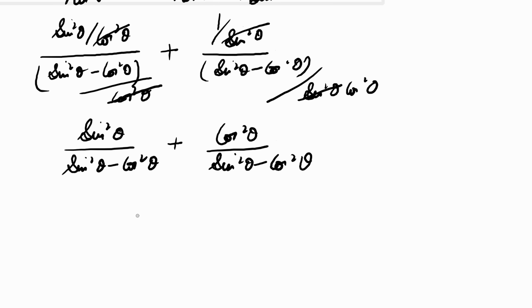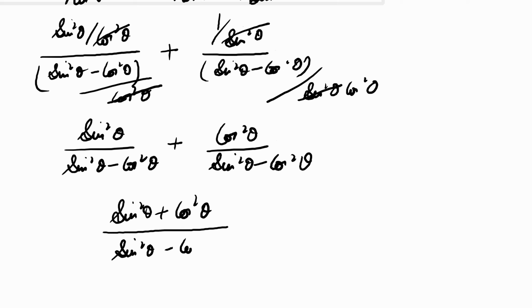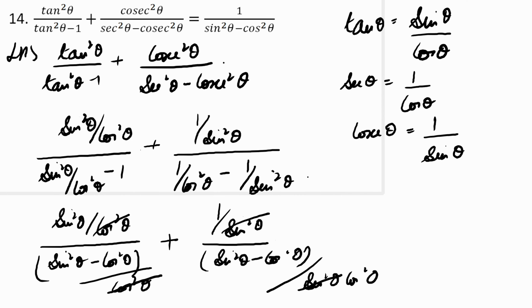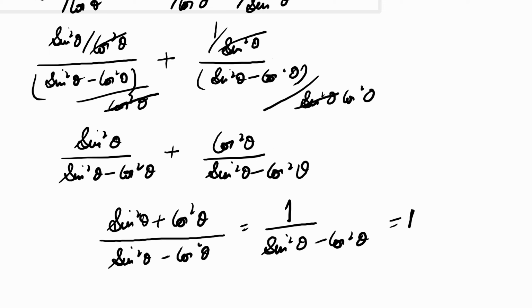Now the denominators are the same, so I can write sin square theta plus cos square theta upon sin square theta minus cos square theta. The numerator will become 1, so 1 upon sin square theta minus cos square theta, and we have proved this.